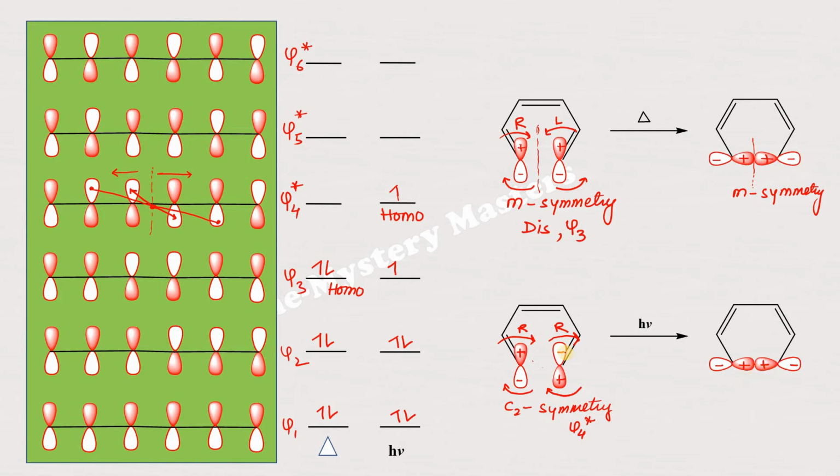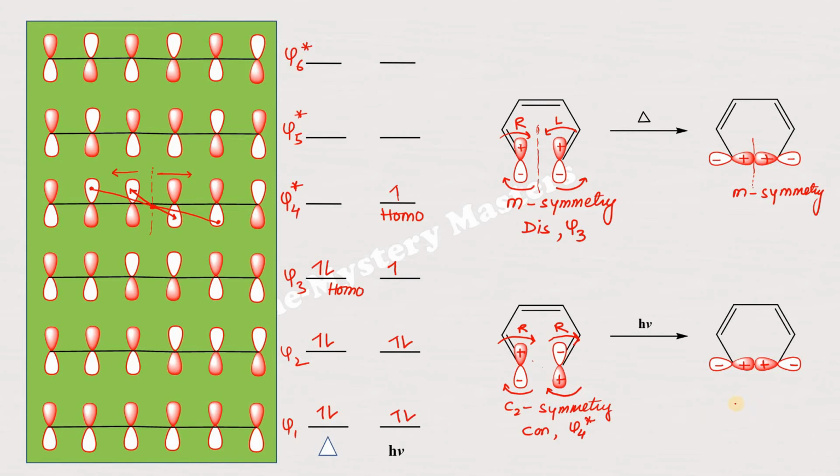And here this happened due to the conrotation. That means in hν condition for 1,3,5-hexatriene molecule, the conrotation will help the molecule change into a cyclized form.